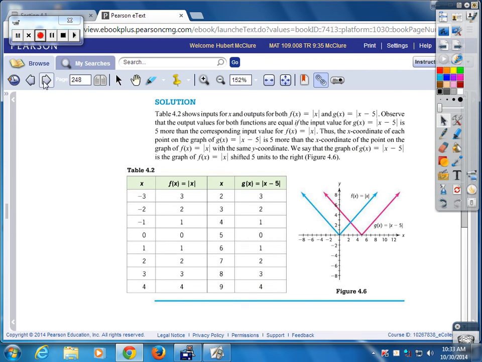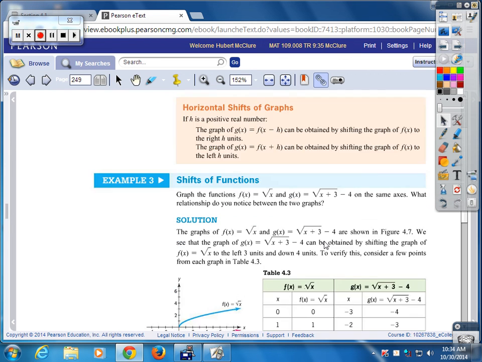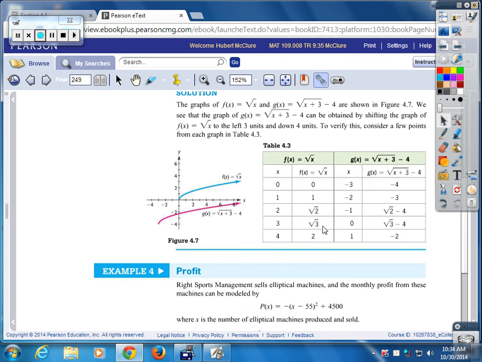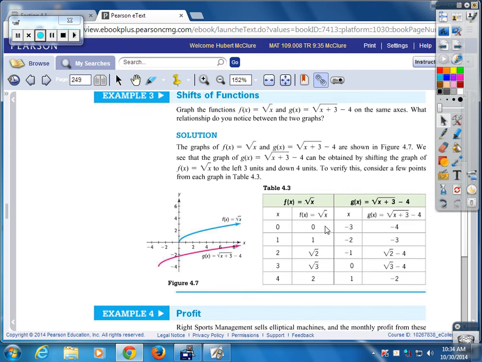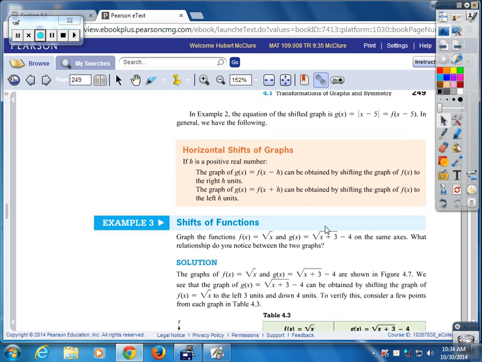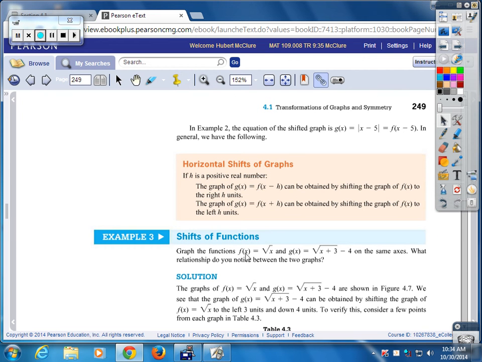Let me find one. See if y'all can do it. All right, do that one. Example 3. Graph the functions f of x is equal to the square root of x, and g of x is equal to negative the square root of x plus 3, minus 4. I want you to sketch the two graphs.